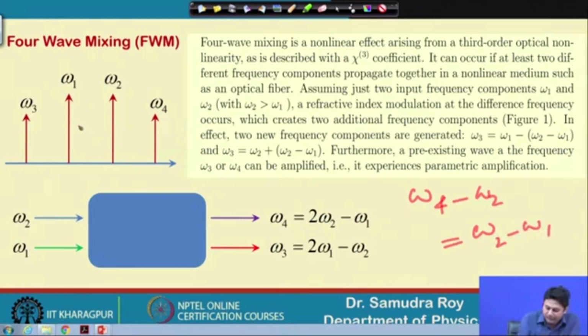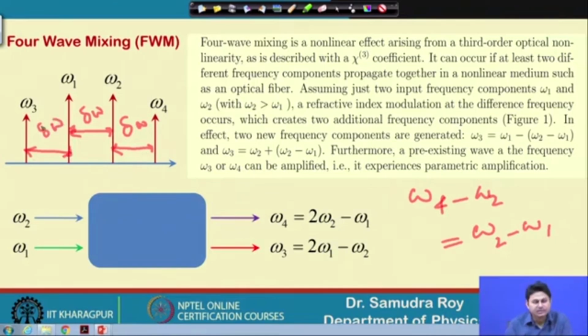So, if I have a difference delta omega, which is the difference between omega 1 and omega 2, then I can generate a similar kind of frequency beyond omega 2 with addition of delta omega, and also another frequency delta omega less than omega 1, which is the lowest frequency.